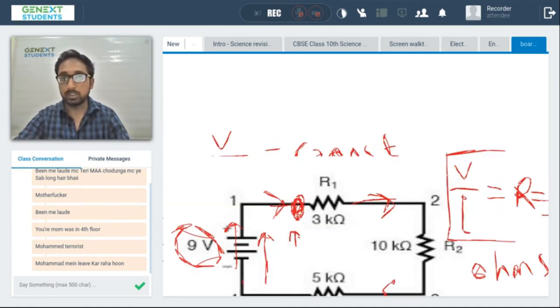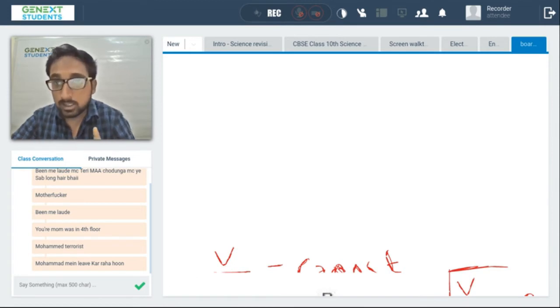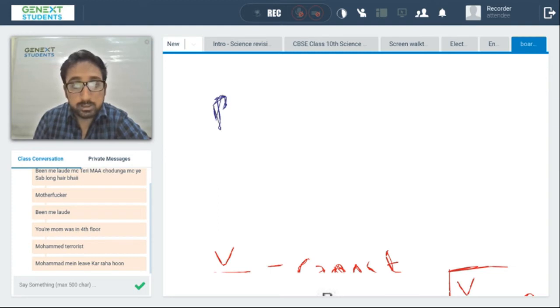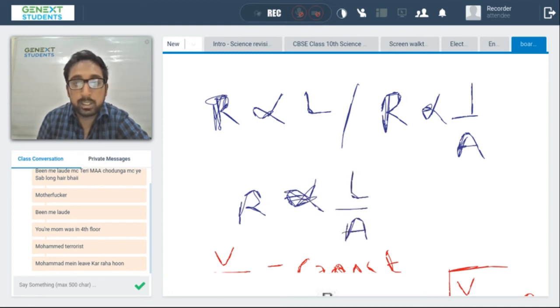We just saw that resistance is proportional to two things. Resistance is proportional to length, and resistance is proportional to 1 by area. If you combine these two, resistance is proportional to length per unit area.